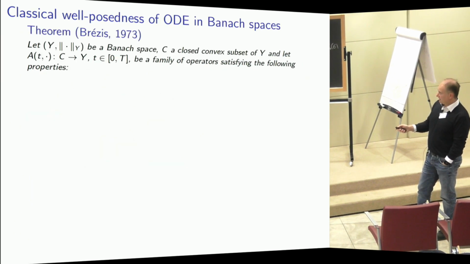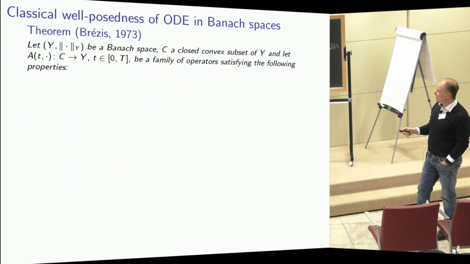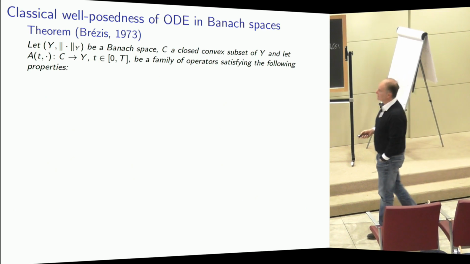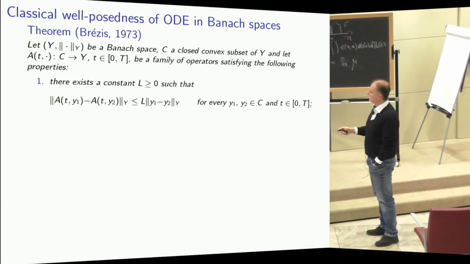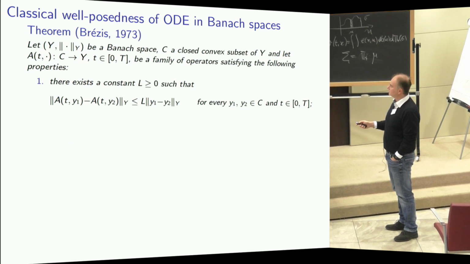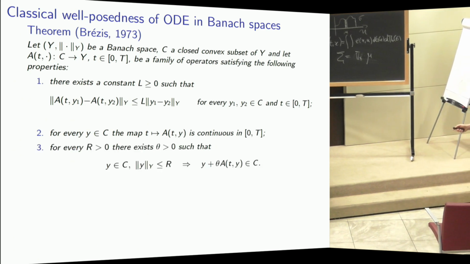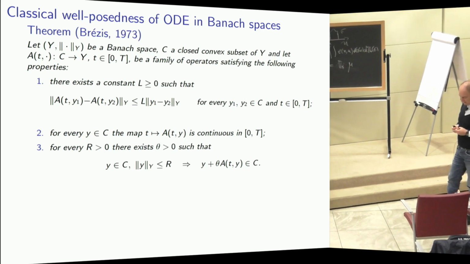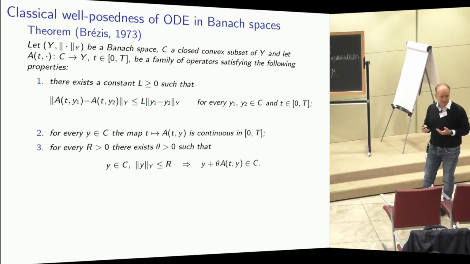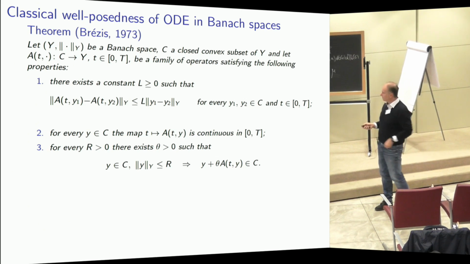So, in order to show well-posedness of these evolutions, we are using a very classical theorem of Brezis that tells you the following: if you have a suitable right-hand side field that is Lipschitz, at the same time continuous with respect to time, it has a certain property that basically it does not move you out of the set C if you just make a minimizing sort of Euler type of scheme.